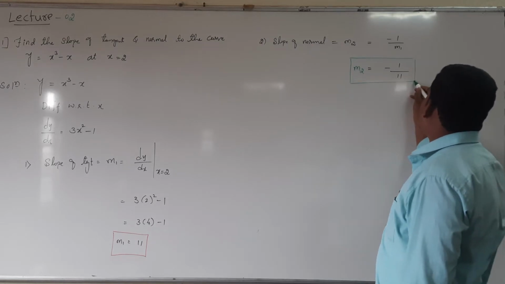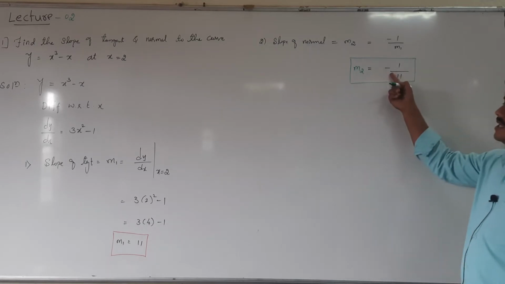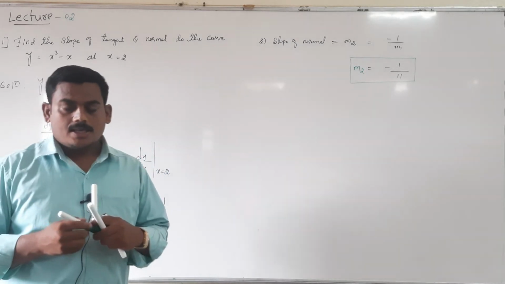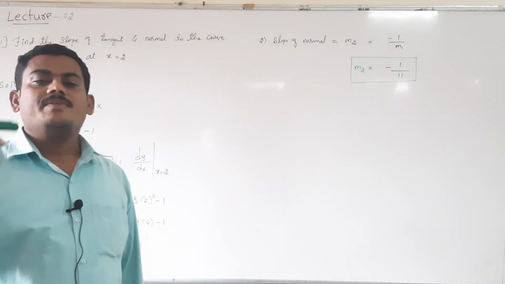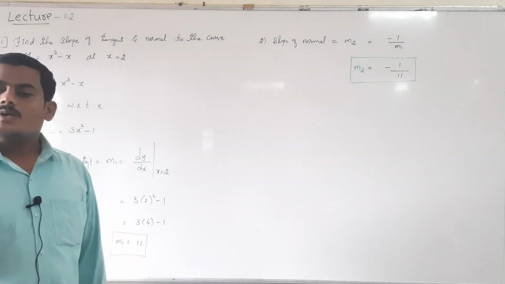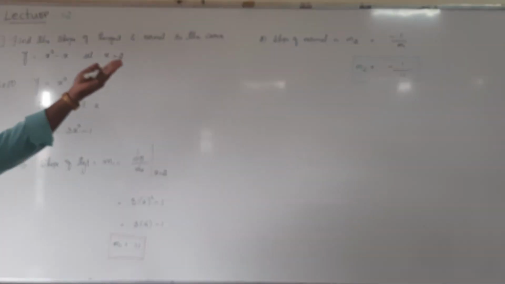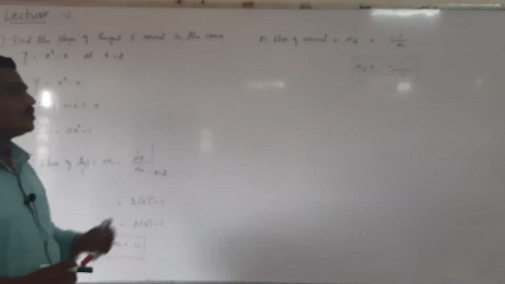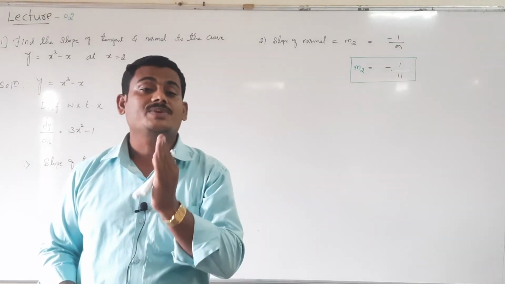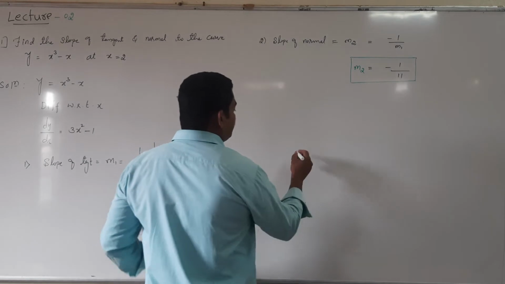Remember, for the slope of the tangent, after differentiating put the given point. It gives the slope of the tangent. After getting the slope of the tangent, write the slope of the normal. Slope of the normal is equal to minus 1 divided by the slope of the tangent. Remember this point.